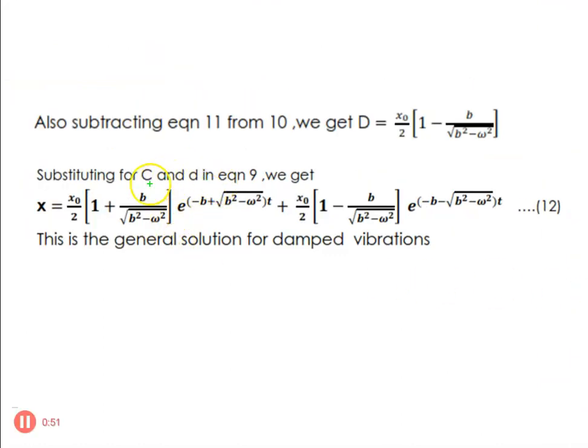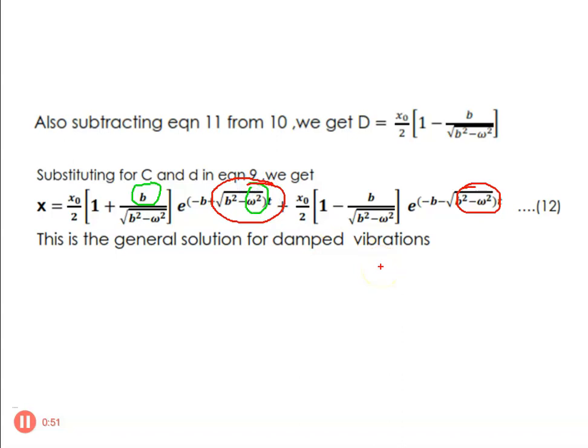The one is the resistive force b, and the other is the frequency of the oscillating system omega. These two are connected with the factor square root of b square minus omega square.